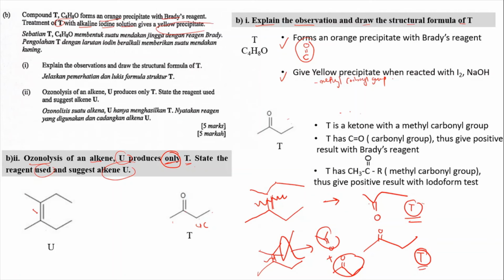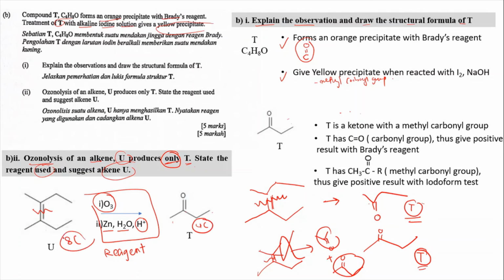You're going to cleave to produce T, and the reagent that we're going to be using is ozone, and then the other reagent is zinc, H2O with H+. So here this one refers to the reagent. 8 carbon menjadi 4 carbon. Alright, so that's all for question B.